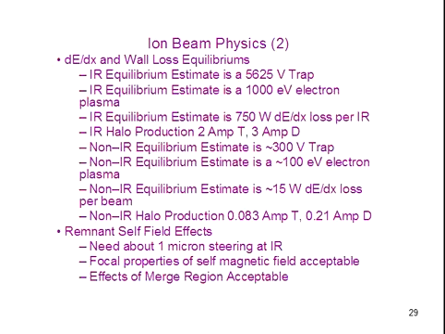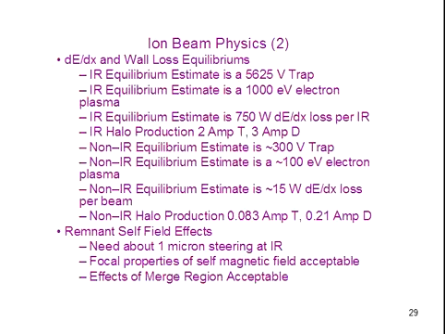In that analysis, it was determined that in the interaction region, the equilibrium estimate will be that we'll have about a 5,625 volt potential difference between the center of the beam and the wall that will trap the electrons. The estimate also is that we'll have about a 1,000 eV electron plasma temperature within the ion beam. This, in turn, leads to an estimate of about 750 watts of DEDX loss per interaction region.